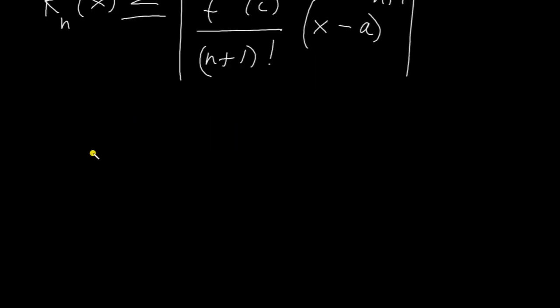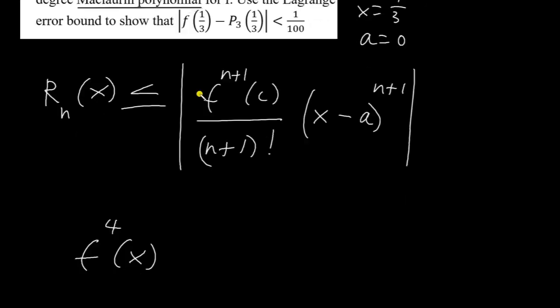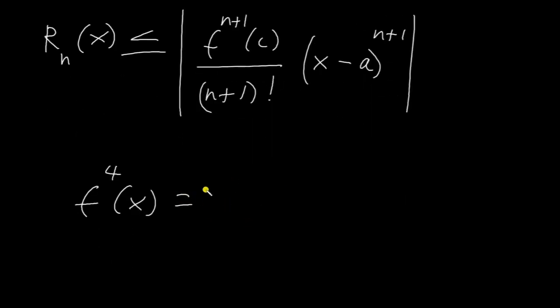If I take successive derivatives, by the chain rule I get 2 times a trig thing, then 4 times another trig thing, then 8 times a trig thing, and for the fourth derivative, 16 times a trig thing. And by trig thing, I mean a sine or a cosine or a negative of one.